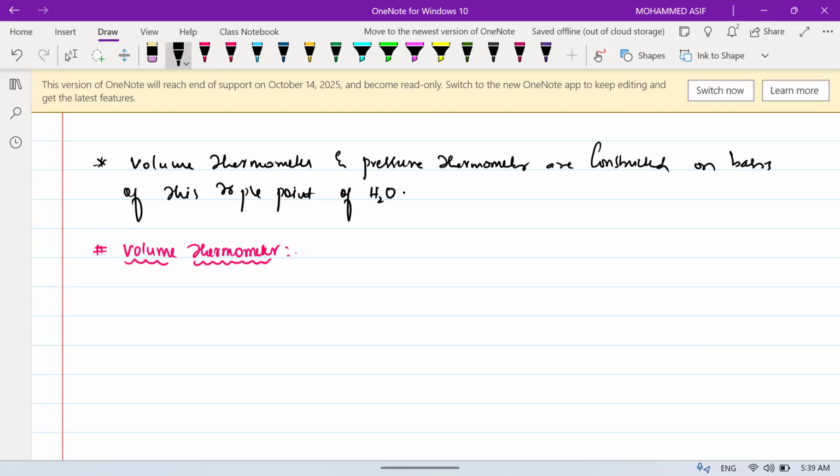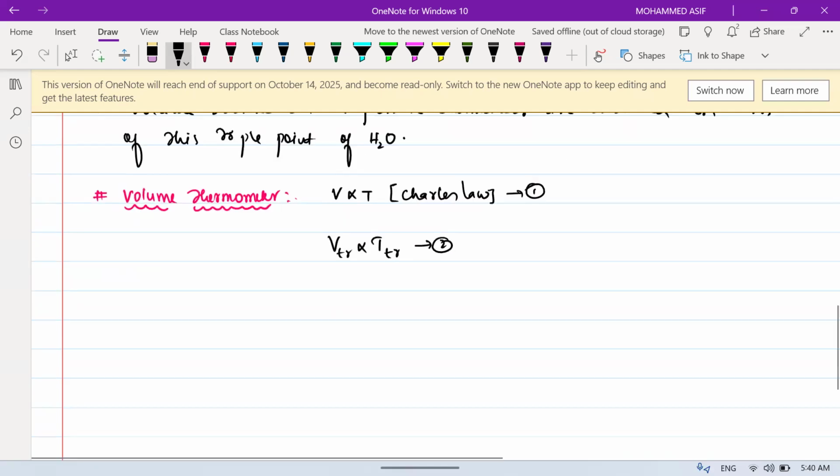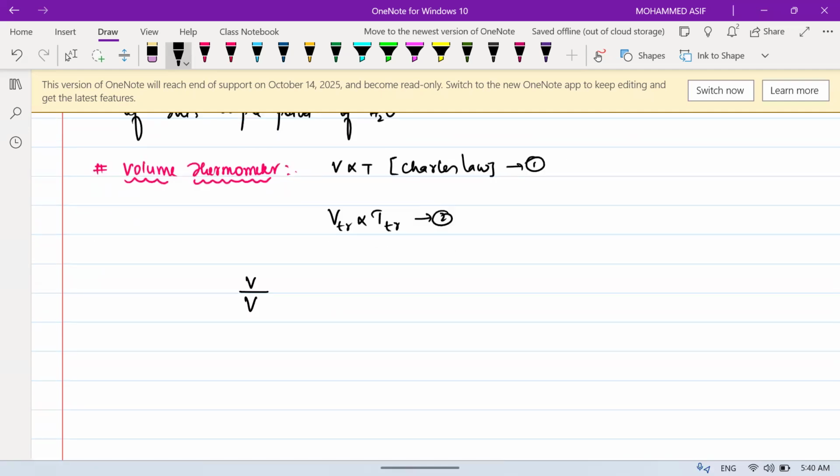Which law is this? Charles law, isn't it? So volume at the triple point is also directly proportional to the temperature at the triple point. This is my equation number 2, and this is my equation number 1. If I divide both of them, V divided by volume at triple point is equal to T divided by temperature at triple point.